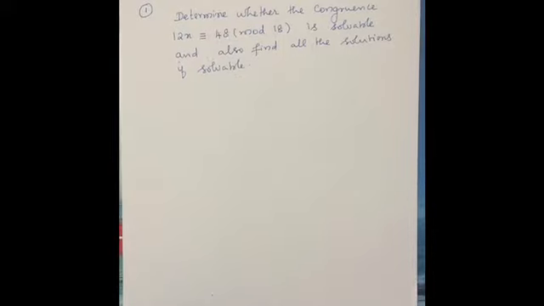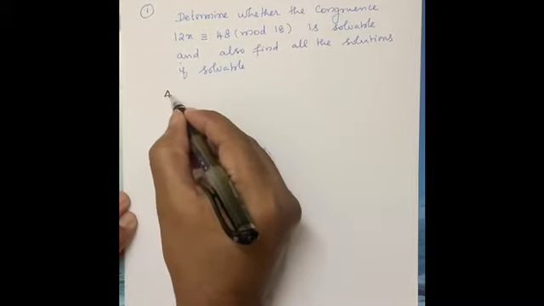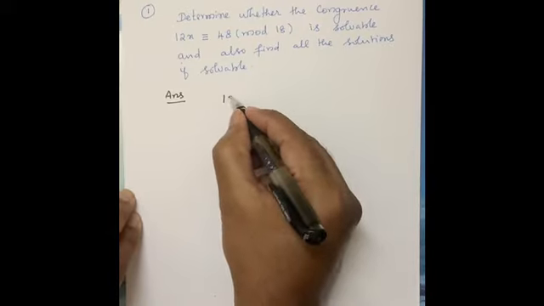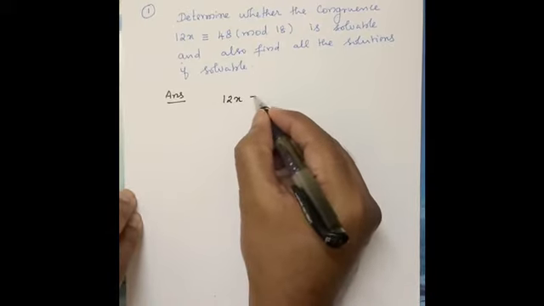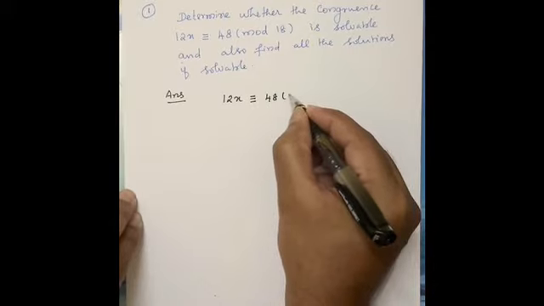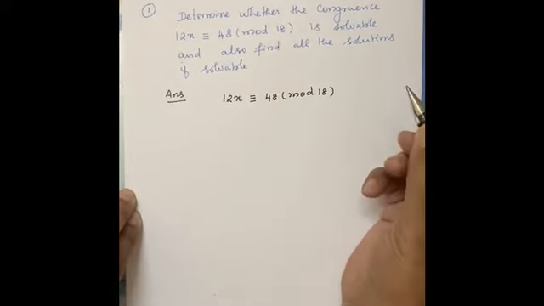Determine whether the congruence 12x congruent to 48 modulo 18 is solvable, and also find all the solutions if solvable. First I am writing the given congruence: 12x congruent to 48 modulo 18.